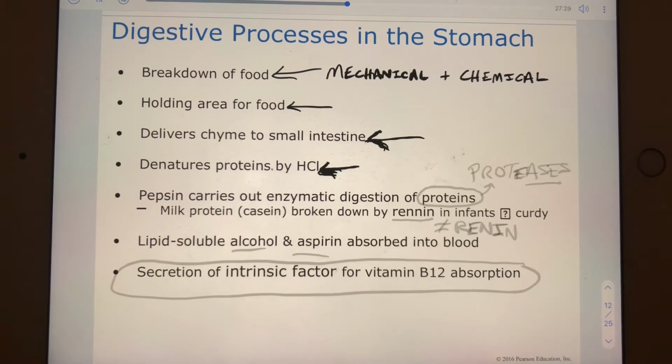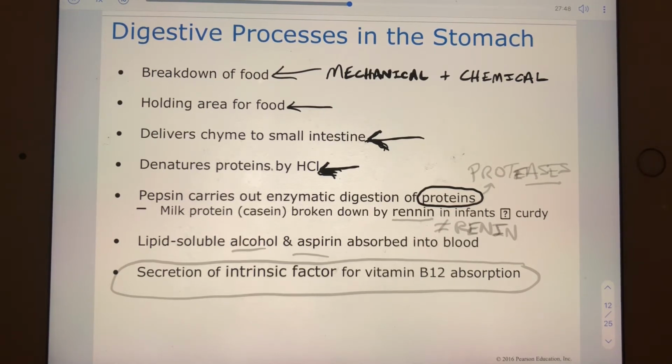The stomach is responsible, more so than any other alimentary canal organ, for the digestion of proteins. We do more protein digestion in the stomach than anywhere else. It's sort of like the digestive specialty of the stomach.